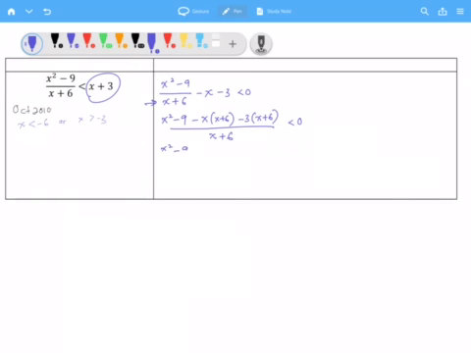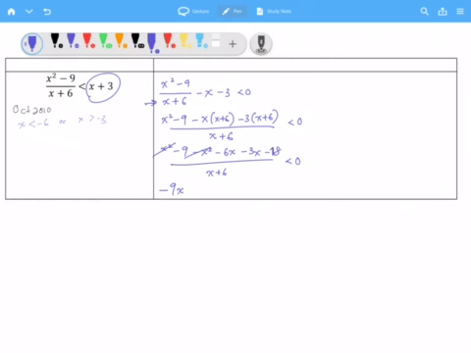Next, simplify it. -9, -x squared minus 6x minus 3x minus 18 over x plus 6 less than 0. So x squared minus x squared, bye-bye. -6x minus 3x, -9x.